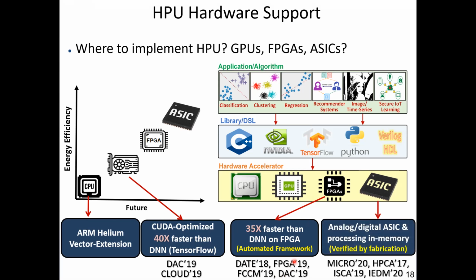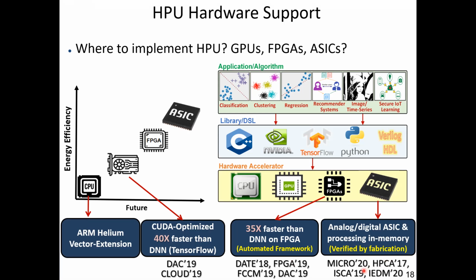But if you really want to get the advantage from HD, we can go to ASIC design or processing in memory, because we have a memory-centric feature. We can exploit those features to enable approximate computing and the highly parallel computation required to process HD computing. We have done a lot of work designing new hardware platforms for HD computing for the last 4 or 5 years.